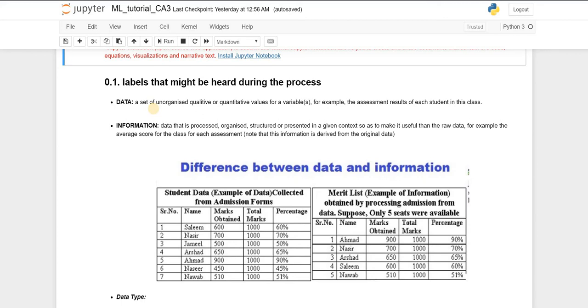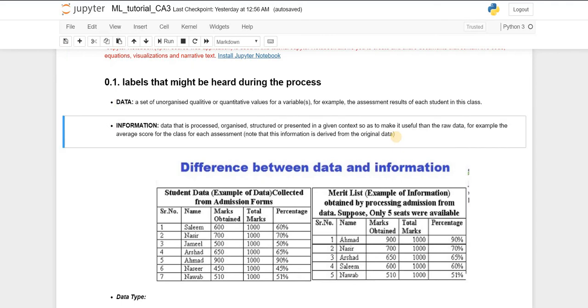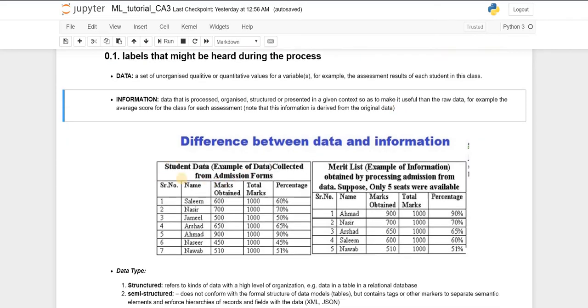We used to hear these labels a lot, but there was no actual understanding about the difference between them. For me, I was surprised when my teacher asked me what's the difference between data and information. So easily and straightforward, data, let's say we have student data.